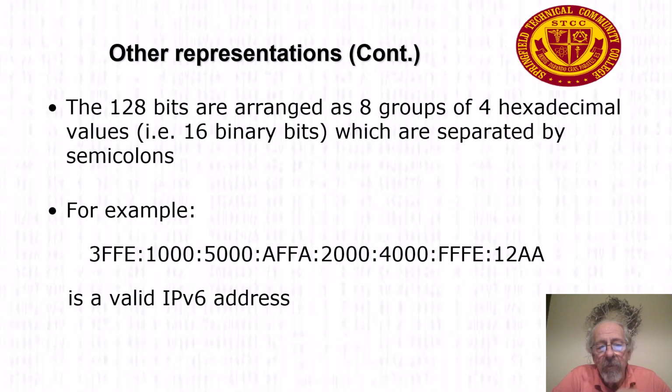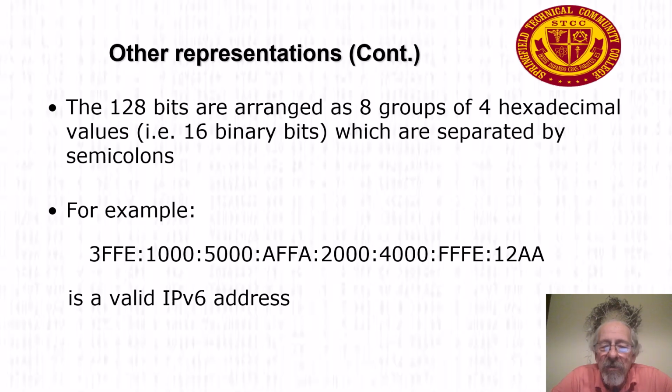So for example, this is an IP version 6 address: 3FFE, 1000, 5000, AFFA, 2000, 4000, FFFE, 12, well, I should say 12AA.